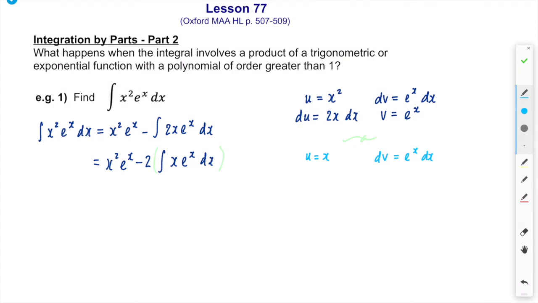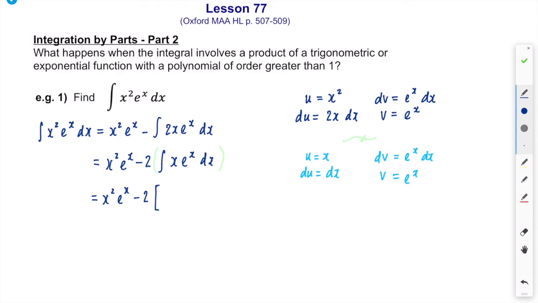So here du is equal to dx, v is e to the x. The parts that we did not change: x squared e to the x minus 2. And now let's apply integration by parts again.